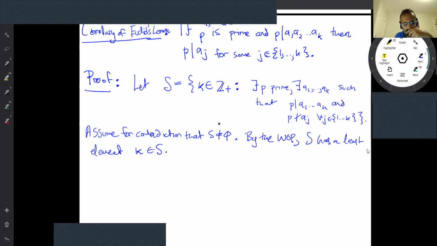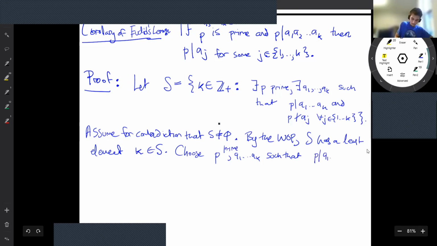So choose P prime and A1 through AK such that P divides the product and P does not divide any of the AJs.